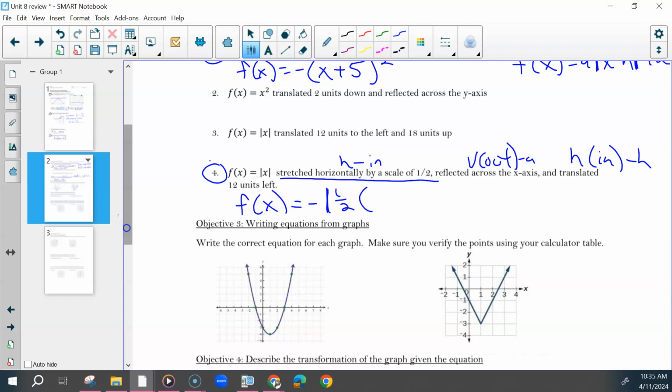X plus 12. And then do I have a K? No. So if you see horizontally stretched or compressed by anything, that needs to go on the inside as well. But if you see vertically stretched or vertically compressed, that would go where your A is also.